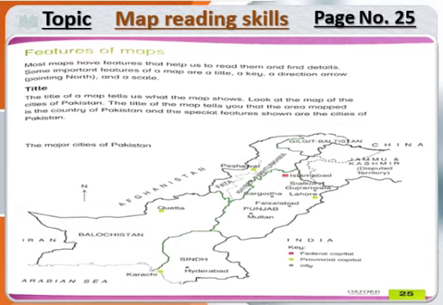Title. The title of a map tells us what the map shows. Look at the map of the cities of Pakistan. The title of the map tells us that the area mapped is the country of Pakistan and the special features shown are the cities of Pakistan.